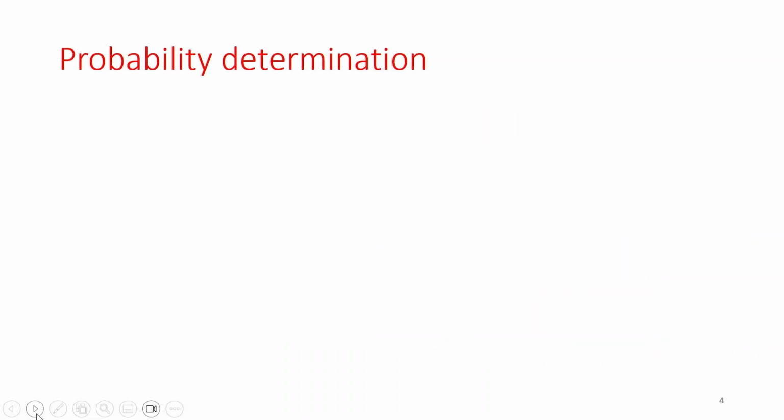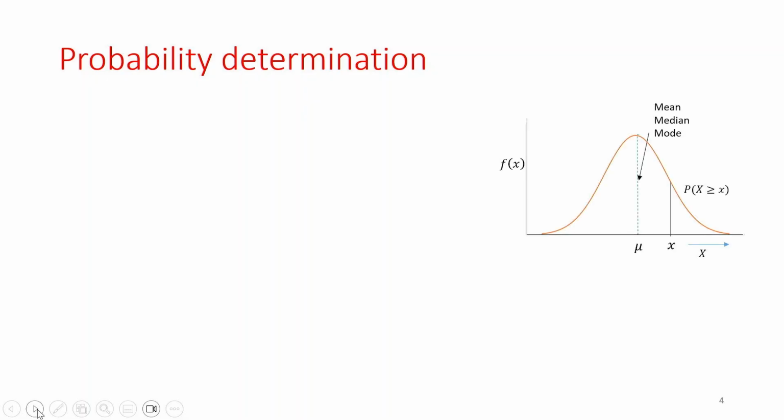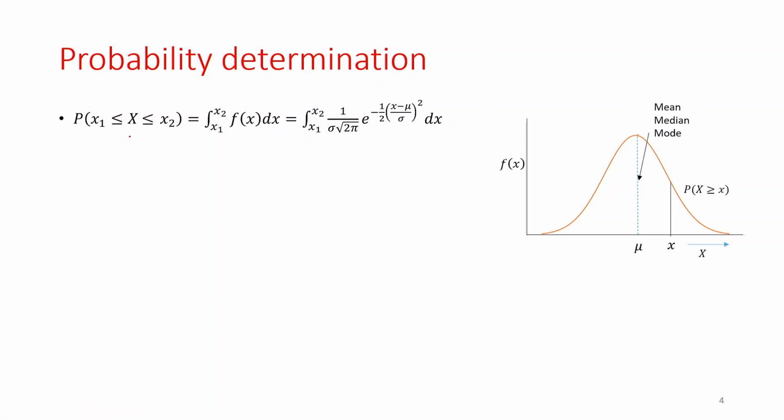Now, how do I determine the probabilities? The curve is shown on the right hand side. If I want to find out the probability that x takes values between two values, capital X is representing the variable x, that is, this variable is the normal distribution variable.